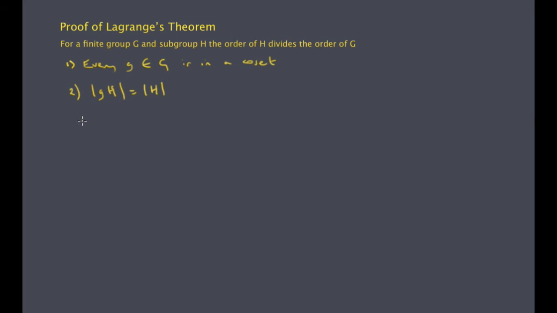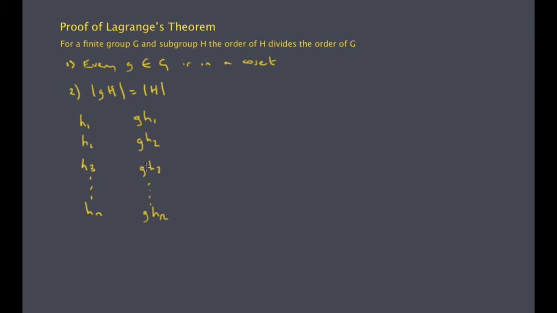So let's do that. We'll just write the elements of the subgroup here, some of them anyway, down to Hn, and here are the elements of the coset, gH1, gH2, gH3, down to gHn.